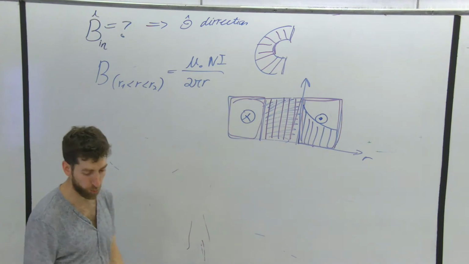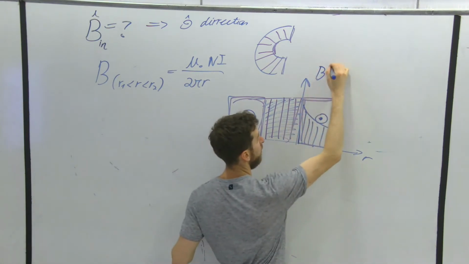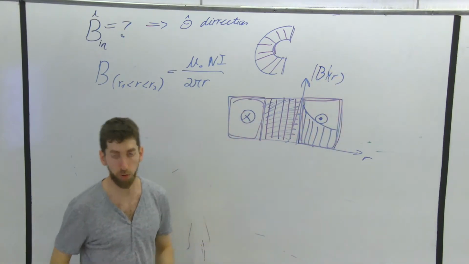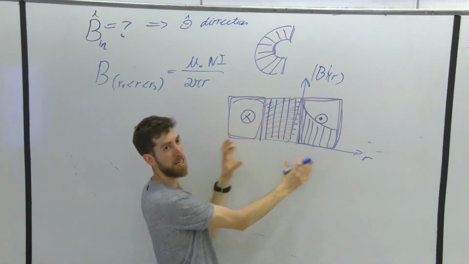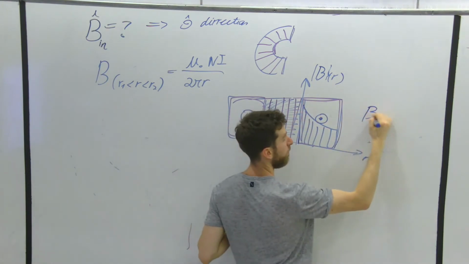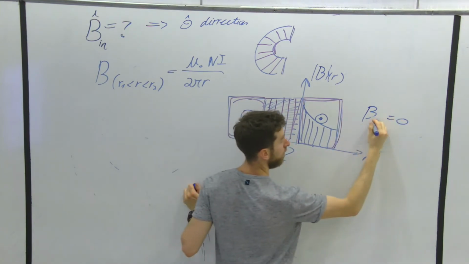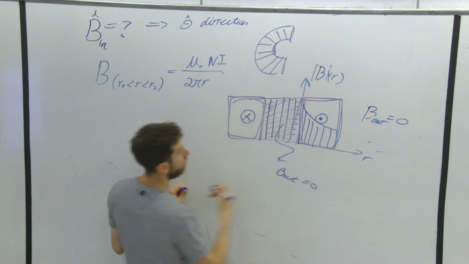So that's what we have in a summarization. This is B magnitude only as a function of R. This is the direction. So we understand what's happening in coils. Coils actually hold a lot of magnetic field inside, and outside of it, it promises us that the magnetic field is 0. Perfect.